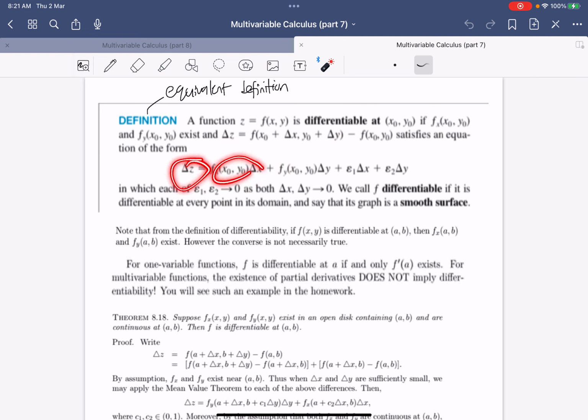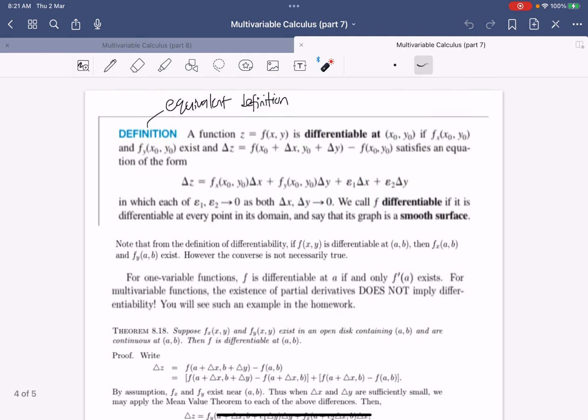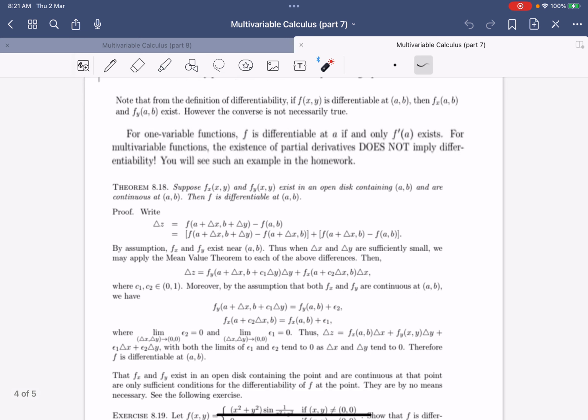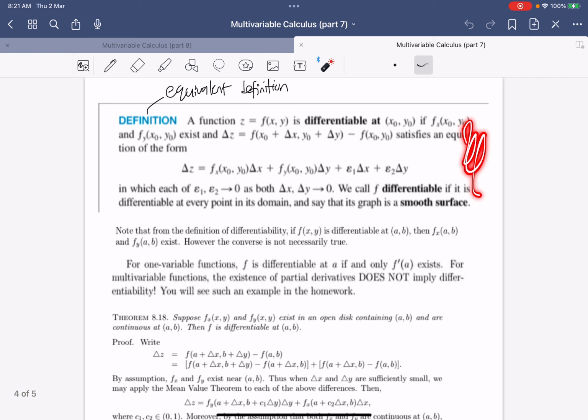So the change will be, of course, the linear map spanned by your two partials, and then you have some error terms. These error terms must go to 0 as the change in x and the change in y go to 0. And when this is so, we say that f is also differentiable. You can show the equivalence between the two definitions that we have stated quite easily, and I'll leave it to you.